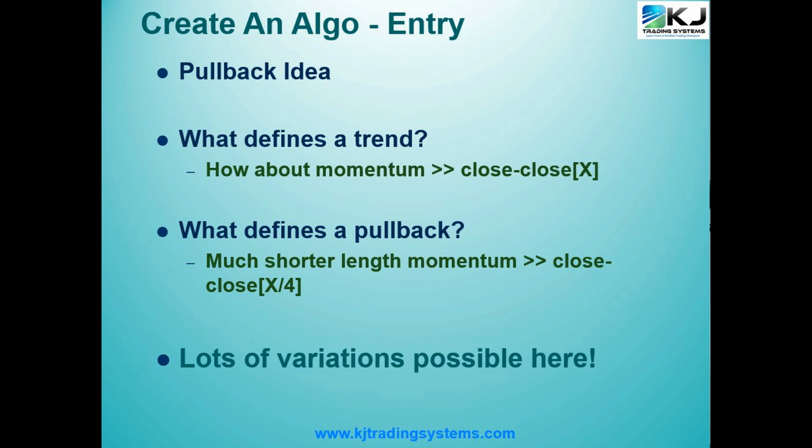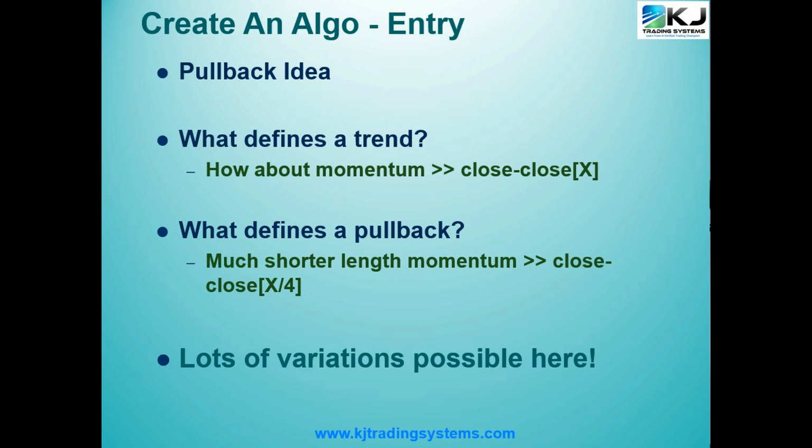Now, the problem is, how do you define all this, right? I just showed you some lines and said, oh yeah, sell here, buy here. Well, when you're algo trading, you've got to define it. You can't just eyeball it and say, oh, this looks like a good point to buy or a good point to sell short. So you have to first define a trend. We're going to use simple momentum. If the close is greater than the close so many bars ago, that's it. And then a pullback will be a shorter term momentum.